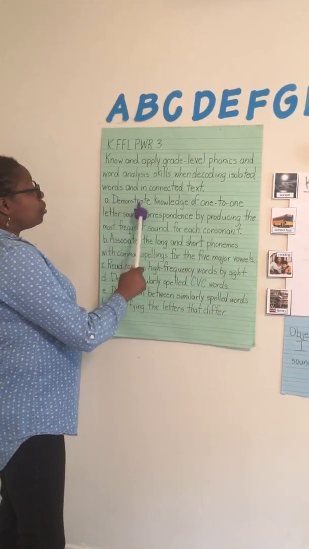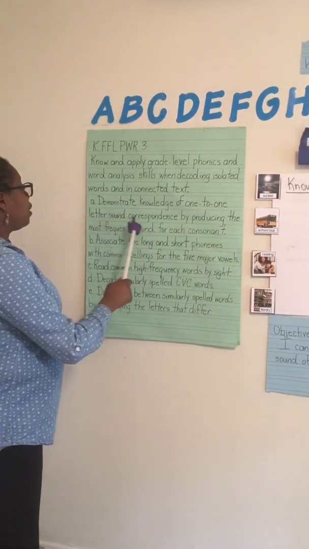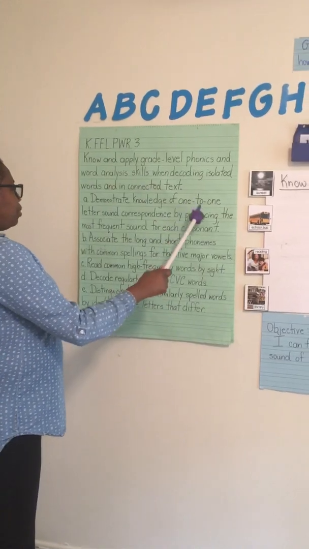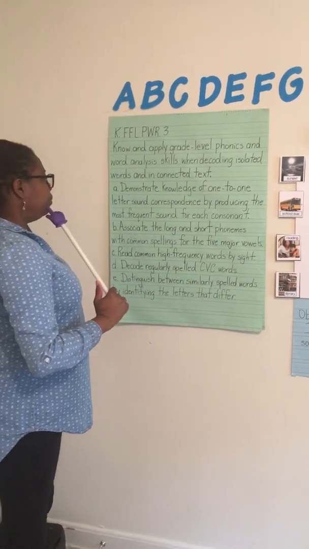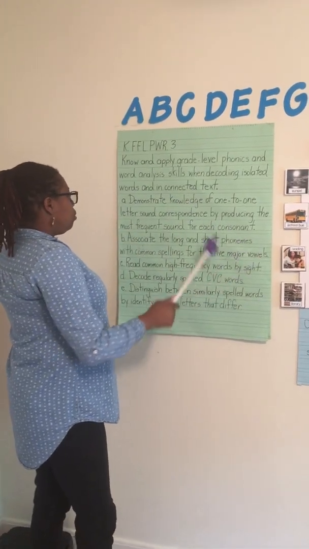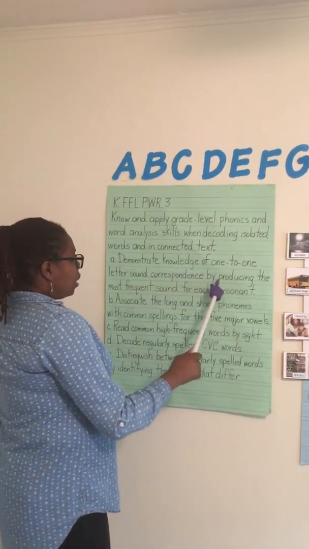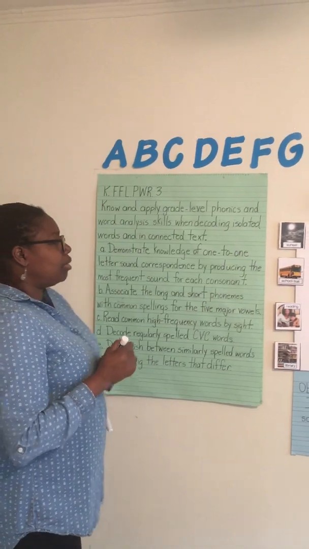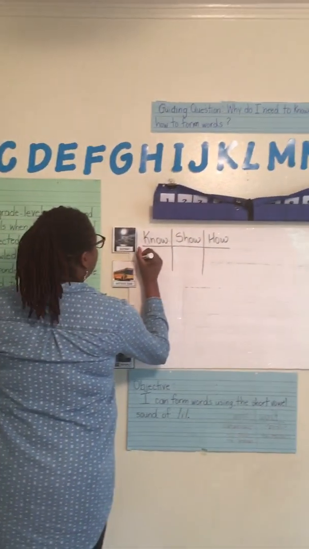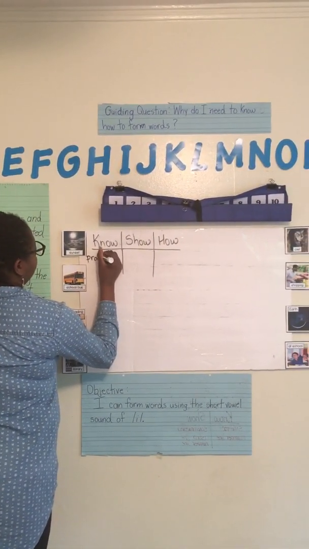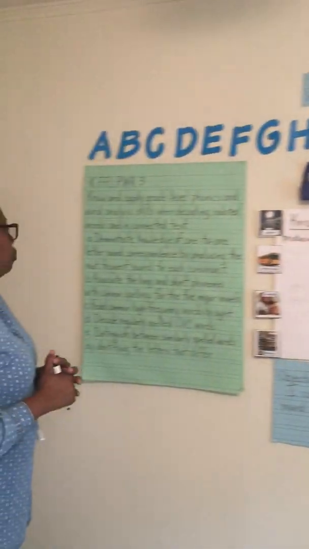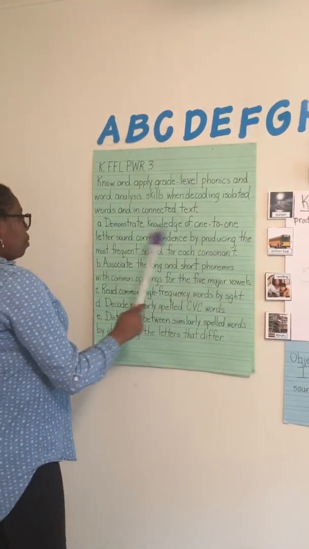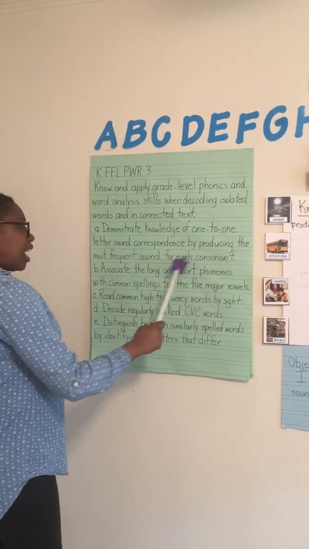So A says demonstrate knowledge of one-to-one letter sound correspondence by producing the most frequent sound for each consonant. There's something that you need to know. You need to know what producing means. So I'm going to write producing under our know. You need to know what a consonant is.